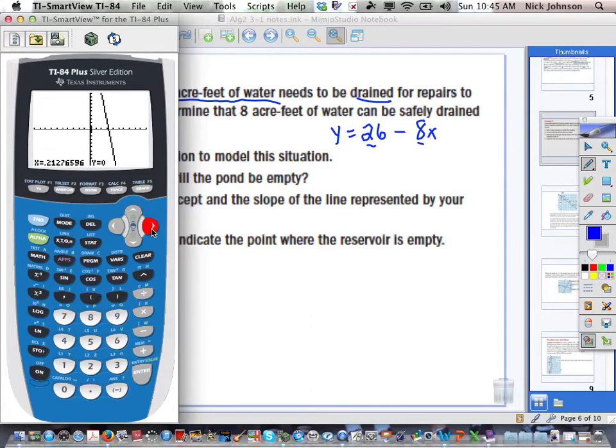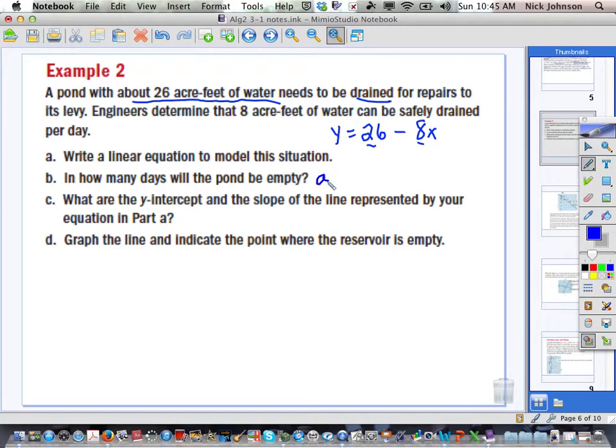And if I scroll out to my time, it is going to be drained just a little bit over 3 days. So approximately 3.2 days.